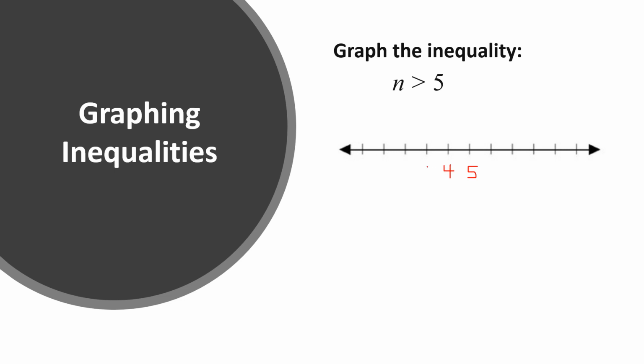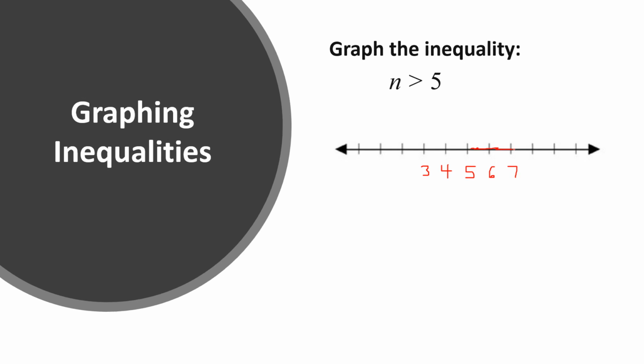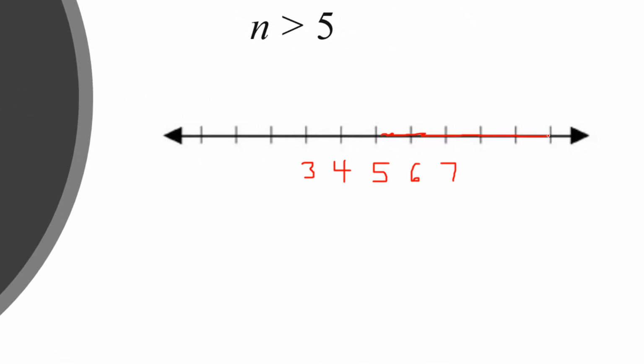So this is 4, this is 3, and so forth. And to the right of 5 would be 6, 7, and 8, and so on. This inequality is saying all numbers that are greater than 5. So that's to the right. All numbers that are larger than 5 will make this inequality true.